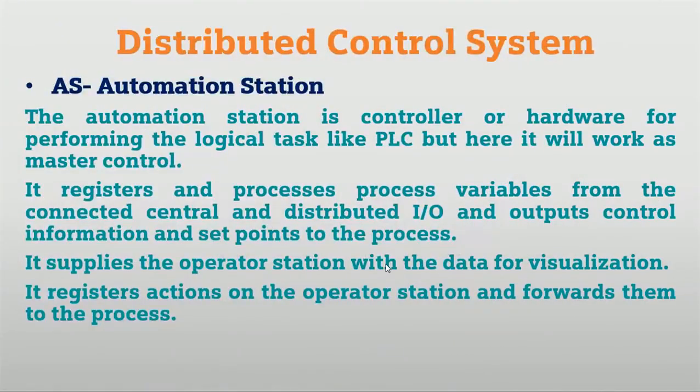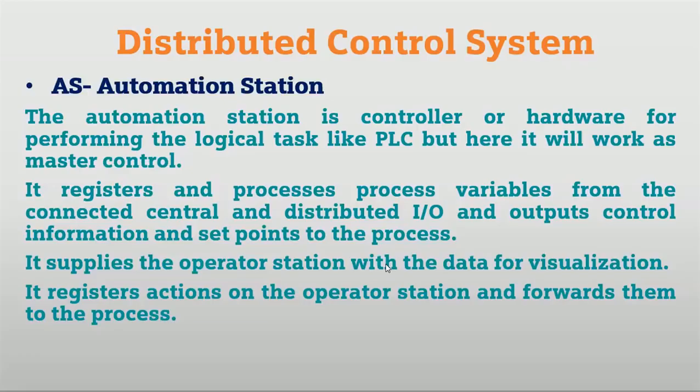Now the automation station. This automation station is any controller or hardware performing logical tasks like a PLC, but here it works as a master control, and this automation station has more capacity as compared to a PLC. A PLC can handle up to hundreds of IO, but this automation station can handle thousands of inputs and outputs.